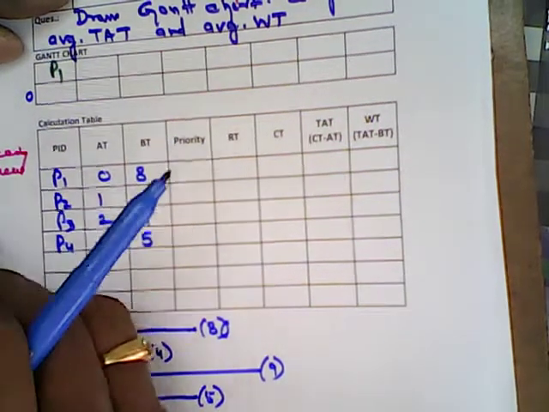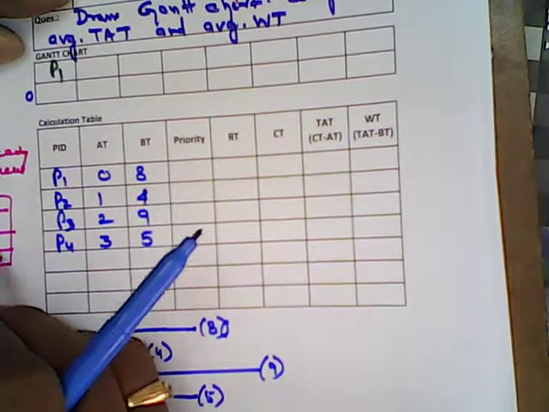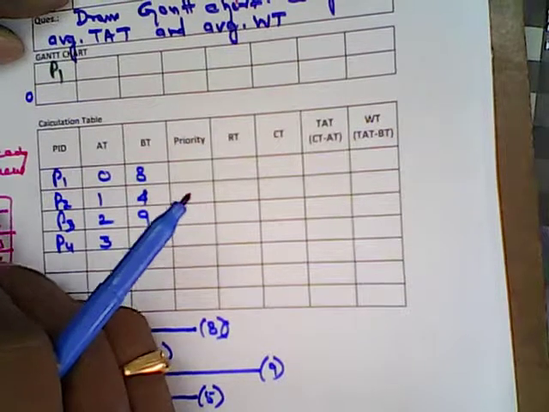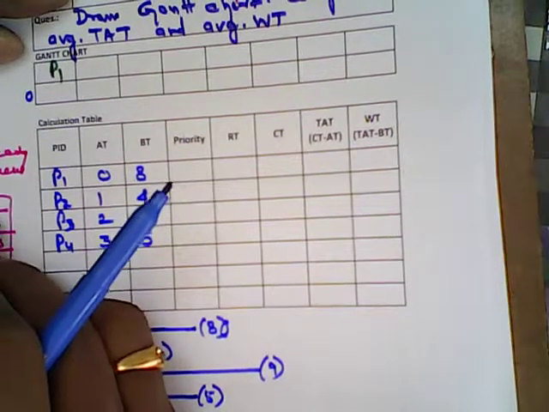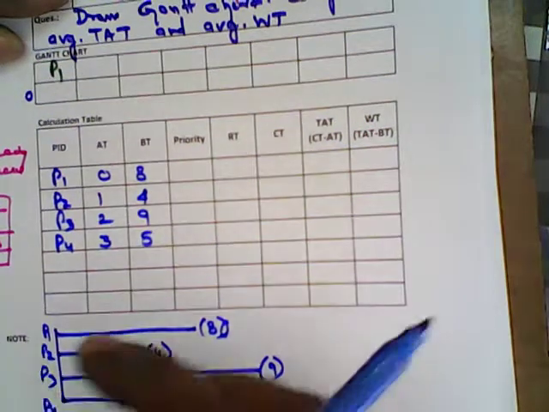That means the processes P4, P3, P2, the order in which they come, will be accordingly designated.